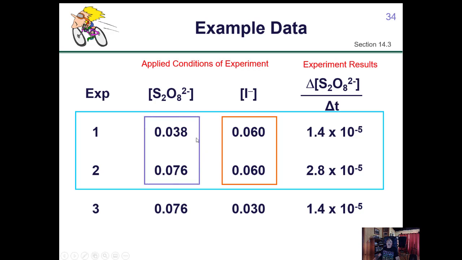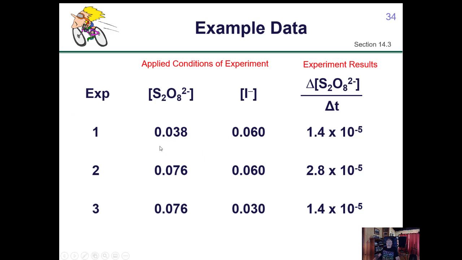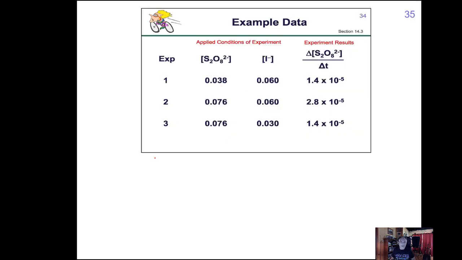On the other hand, we did change the concentration of the peroxydisulfate. And then we're going to examine the effect on the rate. All right, so let's just begin with that. So what we're going to examine is the peroxydisulfate first. So that's S2O8 2 minus.